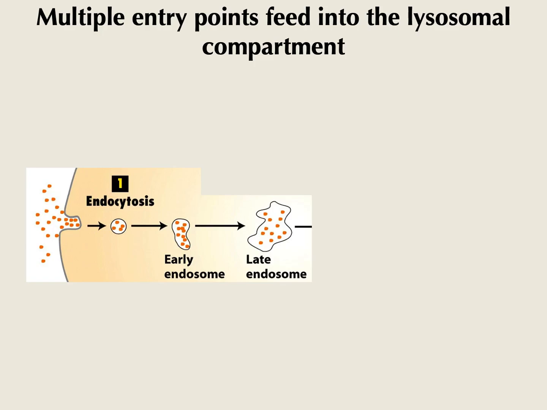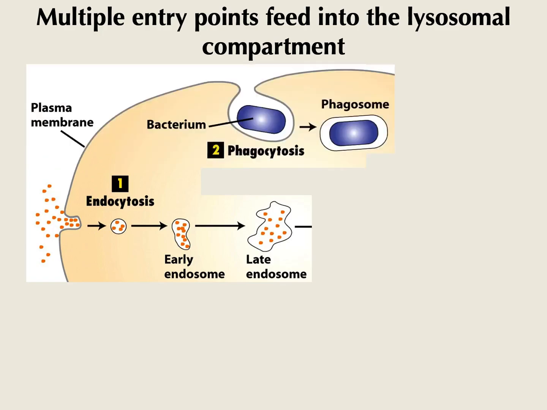You have cells like macrophages specialized in things like phagocytosis. This is for really big elements, such as a bacterium, where the cell is actually protruding to engulf the material.